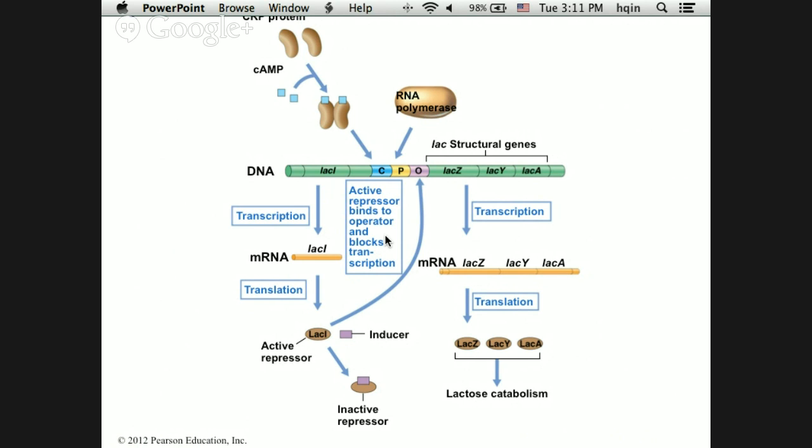Okay, you want to draw the lac operon, and then draw the repressor, galactose, RNA polymerase. What are the factors there?